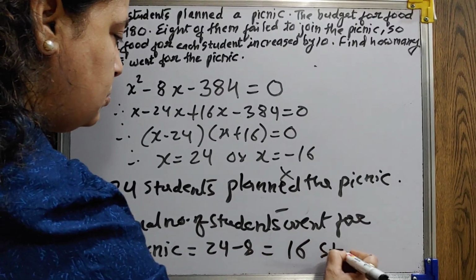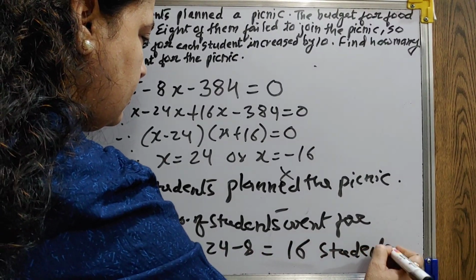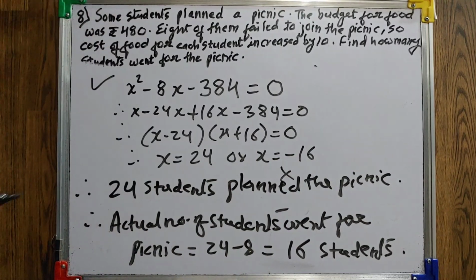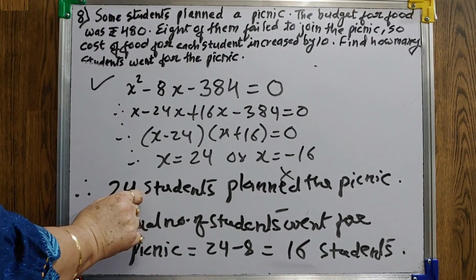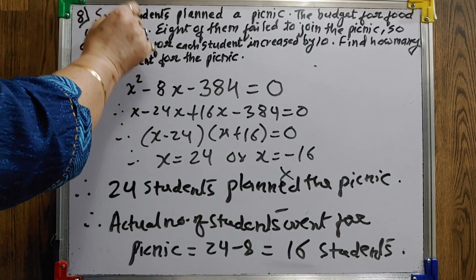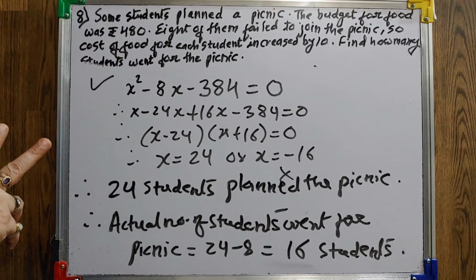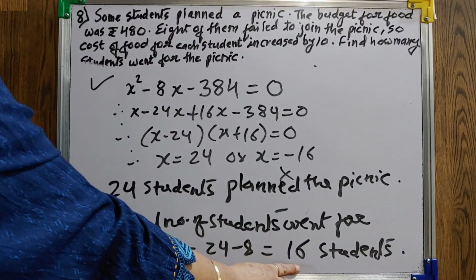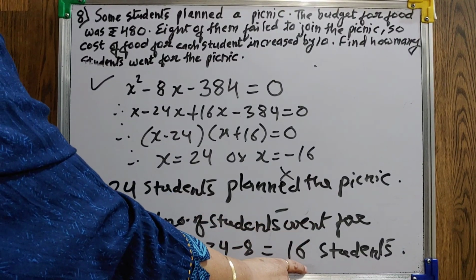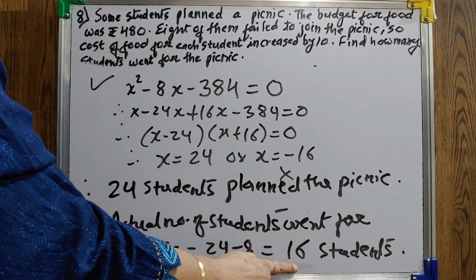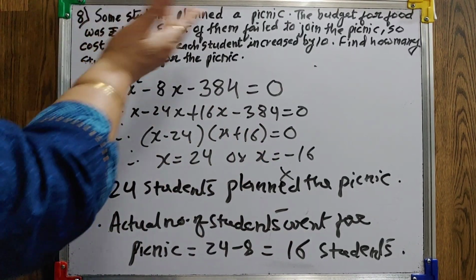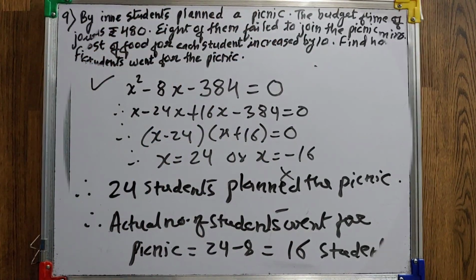So 16 students. Okay. Now, when initially 24 students were there, then 480 divided by 24, the share was 20 rupees. Now, 16 students actually went for the picnic. So, 480 divided by 16 is 30 rupees. So, the share increased by 10 rupees.